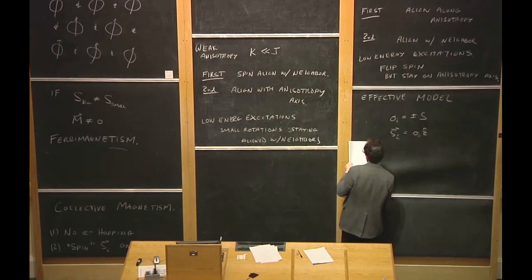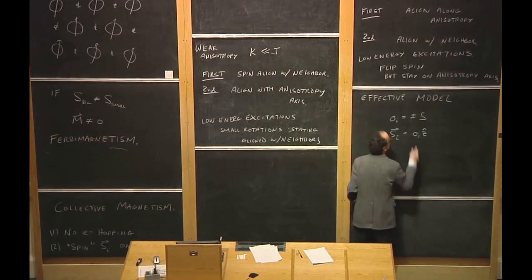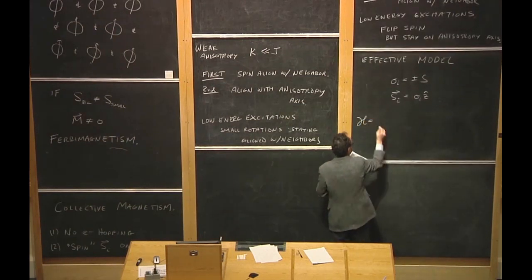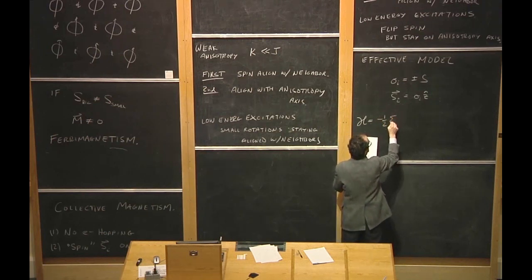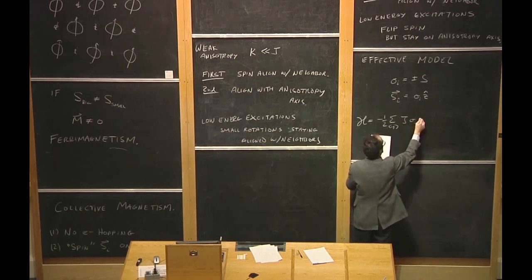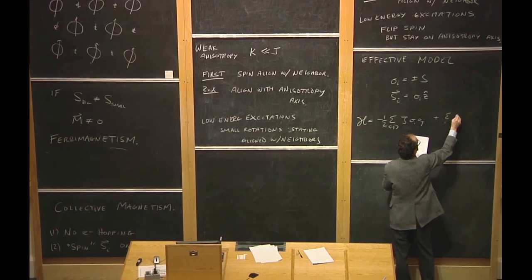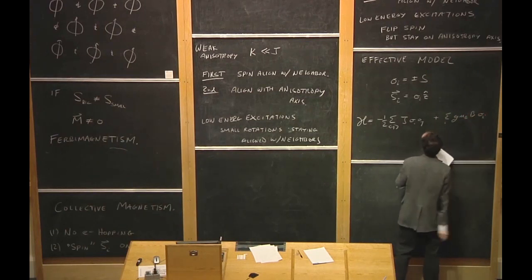And then we can write out our Hamiltonian, very similar to the Heisenberg form. H equals minus 1/2 sum over i and j neighbors, J sigma_i sigma_j, and then plus, we'll couple it to the external field, g mu_B B sigma_i.